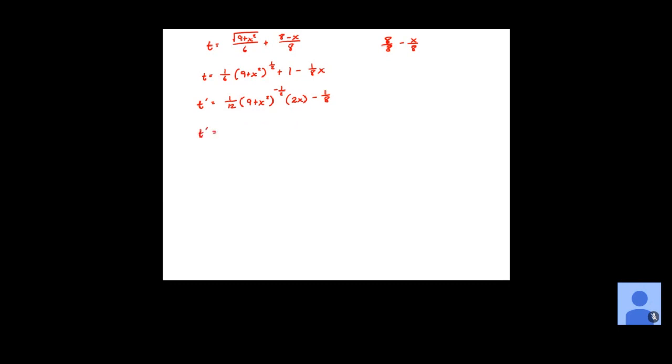So now we're going to be left with x over 6 times 9 plus x squared to the 1/2 power. And then our minus 1 over 8. Any questions about how I got that?